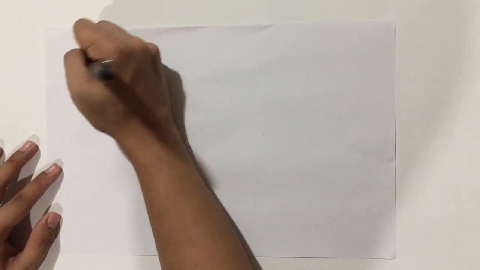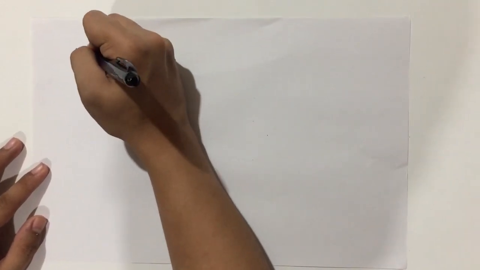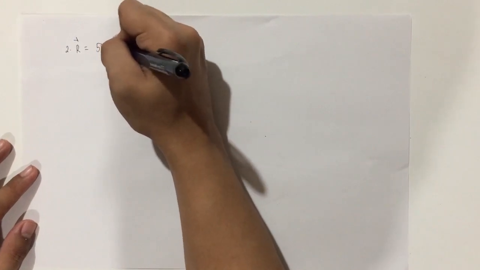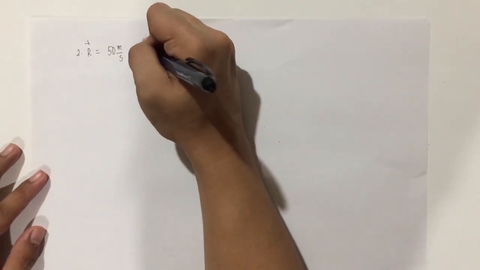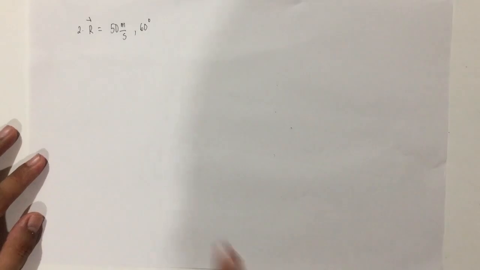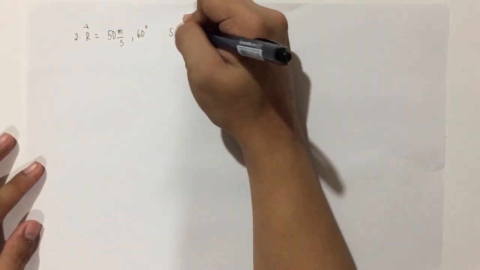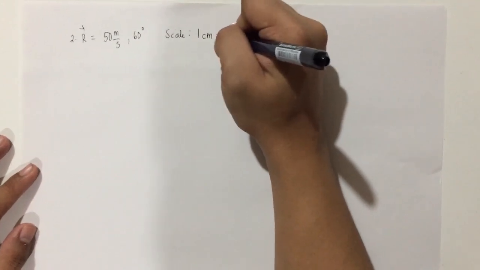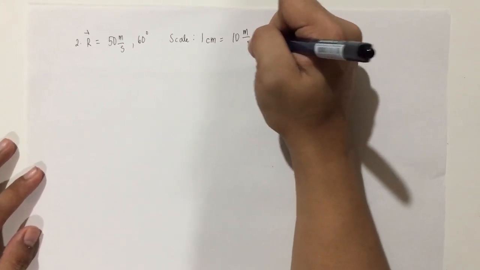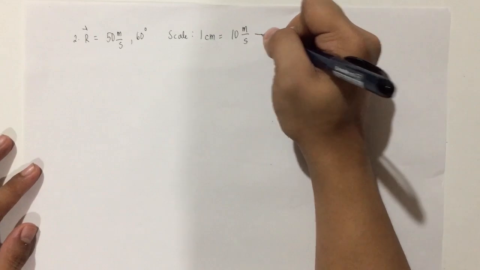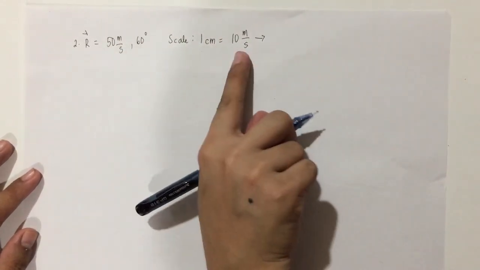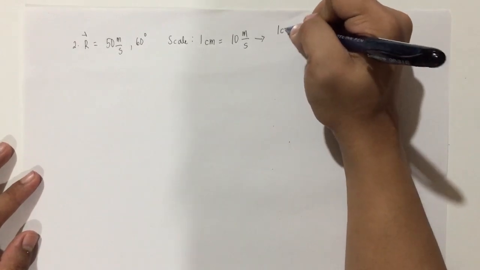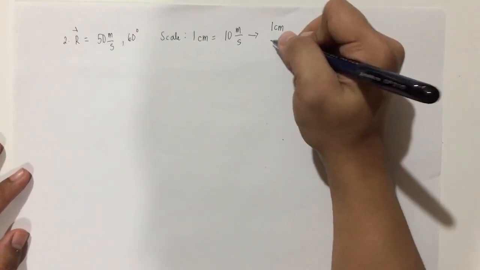Now let's have number 2. So we have a resultant vector as a given, which is 50 meter per seconds, 60 degrees as the direction. So the scale is 1 centimeter is equal to 10 meter per seconds. So we have to do dimensional analysis procedure in order for us to change 50 meter per second into centimeter.